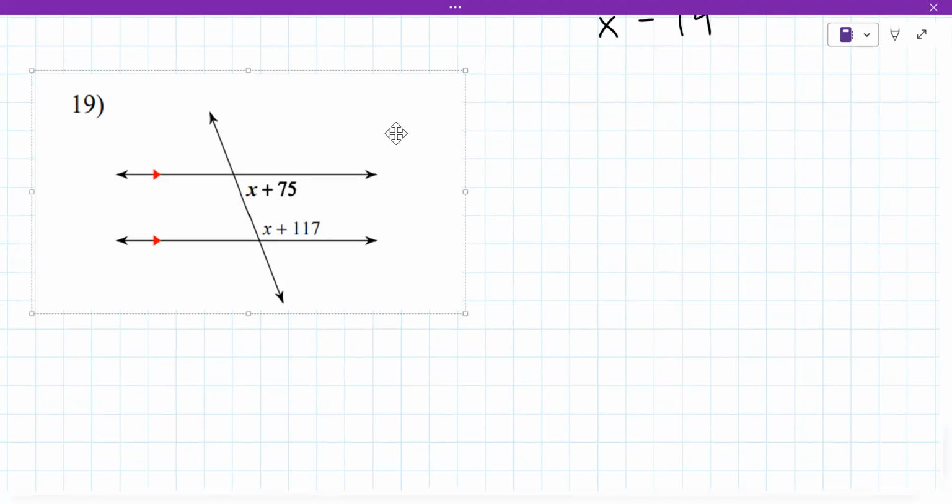All right, so here's a new problem. This is kind of going back to the parallel line stuff. These two angles are called same side interior.